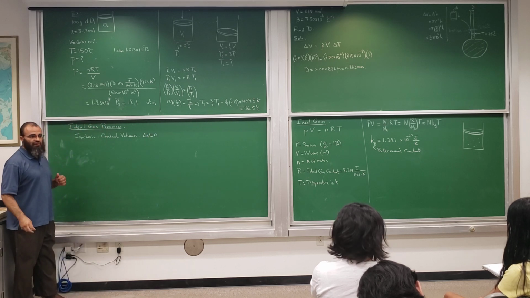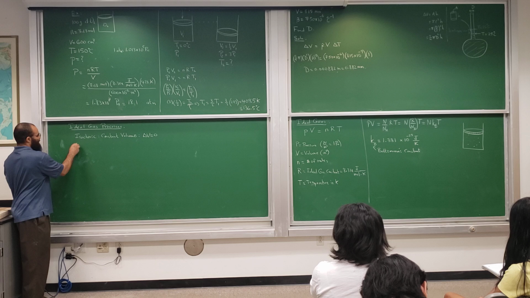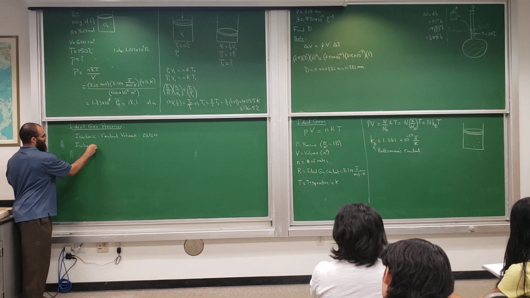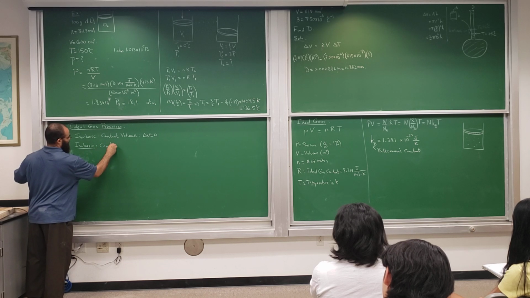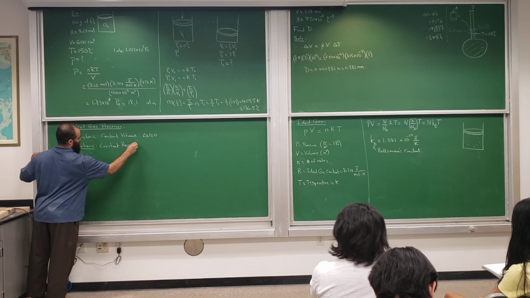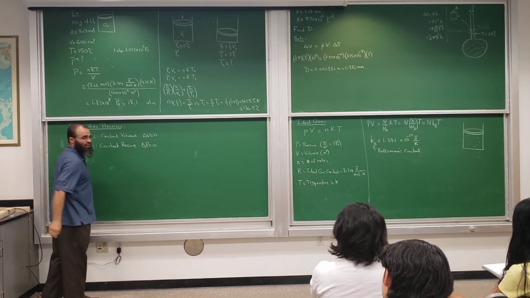No change in volume. Isobaric: constant pressure. Change in pressure is 0.